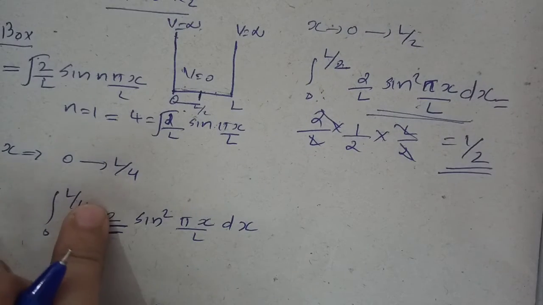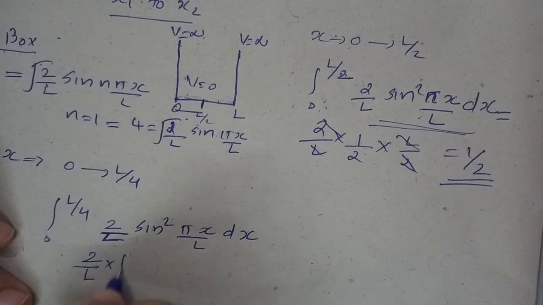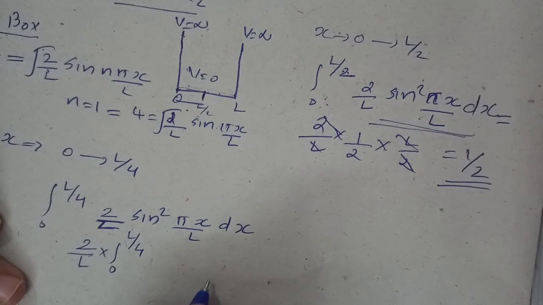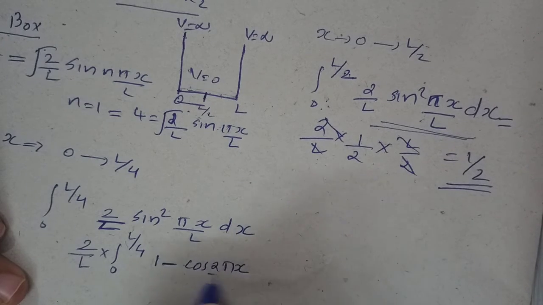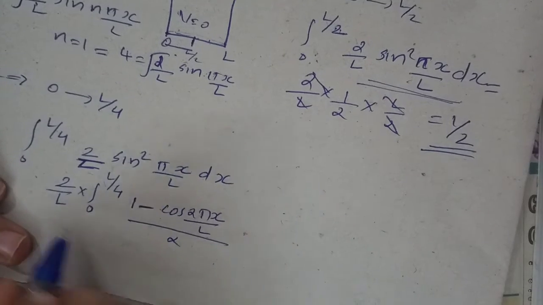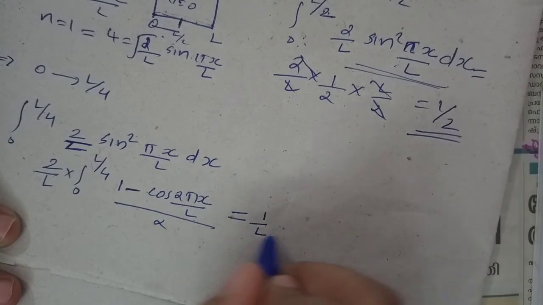So 2 by L can be taken outside. We know that sine square theta is equal to 1 minus cos 2 theta divided by 2. So we can take it as 1 minus cos 2 pi x divided by L, over 2. The 2 can be taken outside, so 1 by L is outside after cancelling 2.